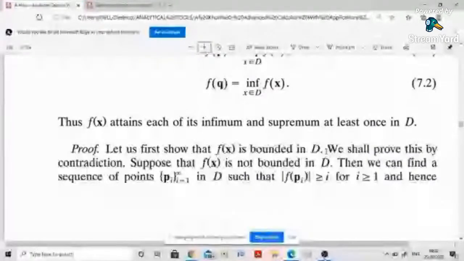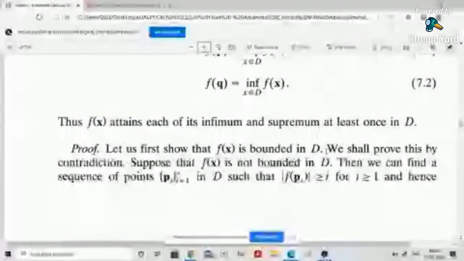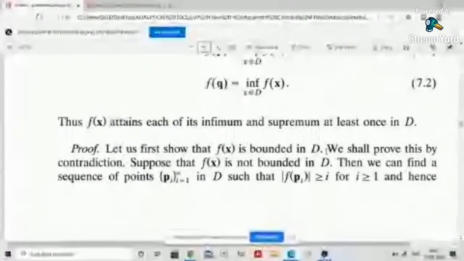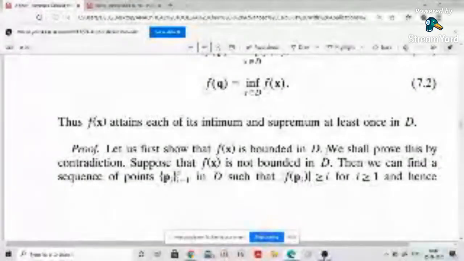If f were bounded, it would be less than or equal to i. Since it is not bounded, such points exist. So in particular, we select a sequence of points such that mod f of p_i is greater than or equal to i for i greater than or equal to 1.